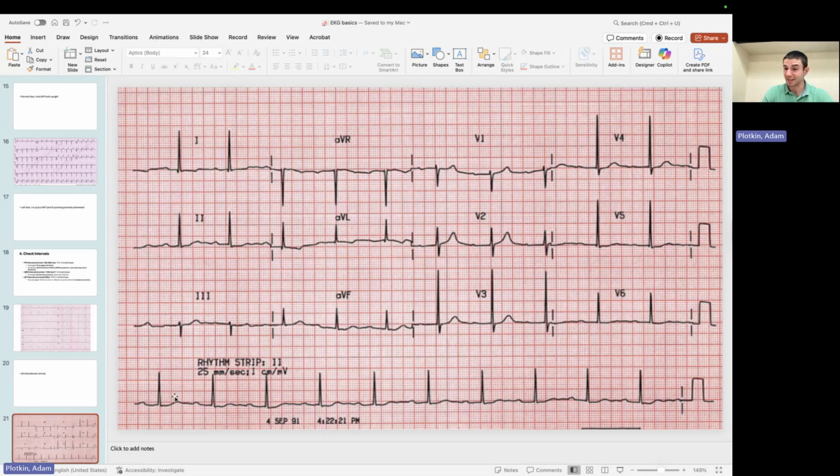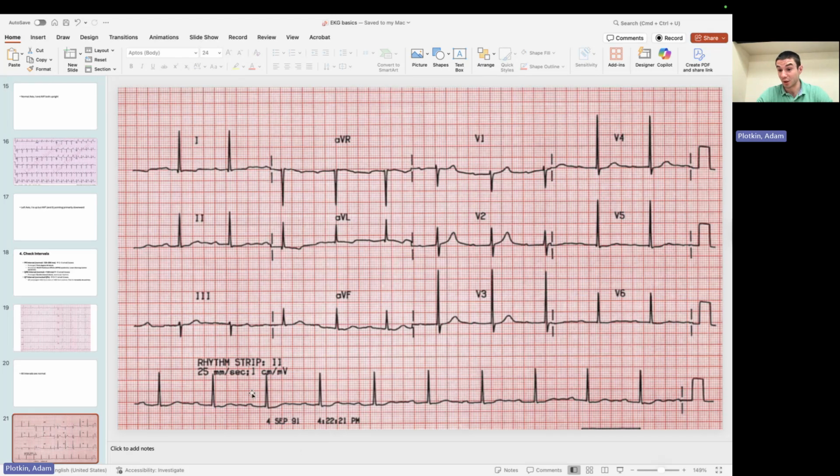The QRSs look nice and narrow, so we are still following the normal conduction pathway. And then the T waves are right around normal. The T waves are pretty hard to see here, but it's definitely stopping before halfway between the R to R interval. So the QT interval is within normal limits.